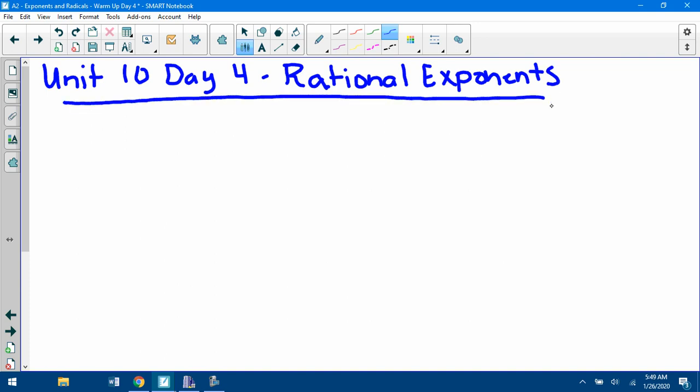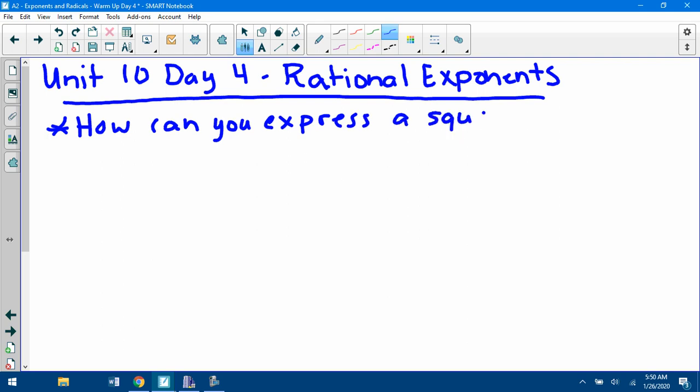So rational just means they're fractional, or they can at least be written as fractions. I want to start by asking the question, how can you express a square root using an exponent?